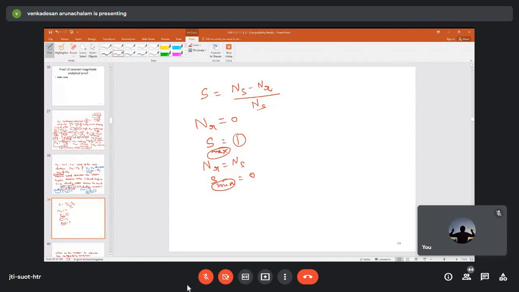But the practical value is 2% to 5%. 2% means what value? 0.02, am I right? To 0.05. So 0 is minimum, 1 is maximum, and the operating range is 0.02 to 0.05. So this is your operating range of the slip.